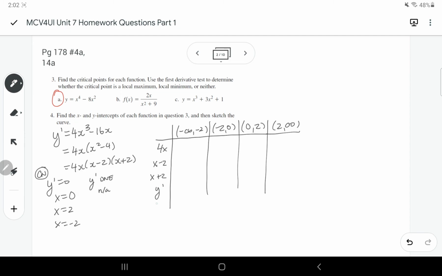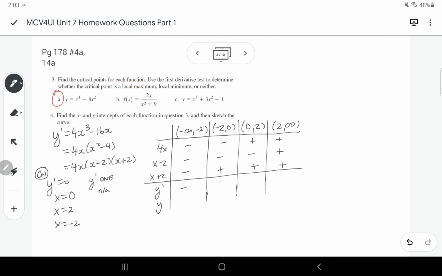So I'll summarize into y prime and what that means about our original function. 4x is going to be negative when x is negative and positive when x is positive. x minus 2 is negative until x gets bigger than 2. x plus 2 is only negative before negative 2; even these little negative numbers, if you add 2, go positive.